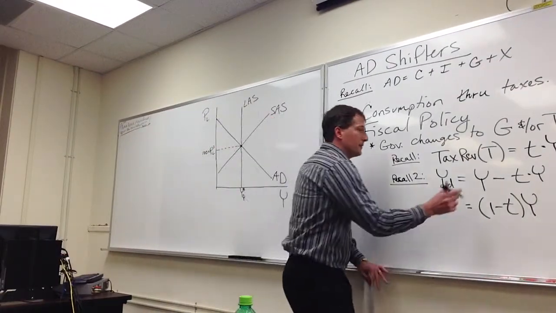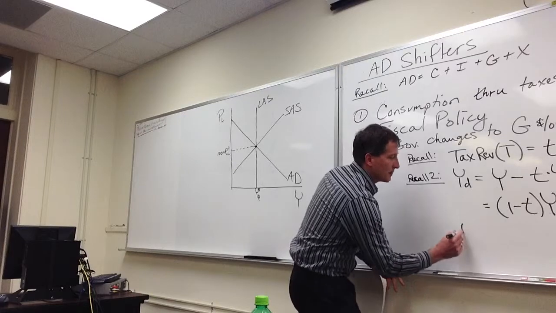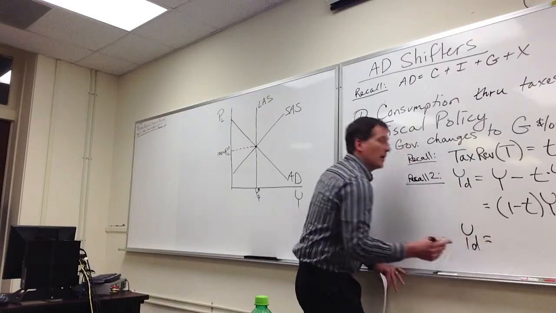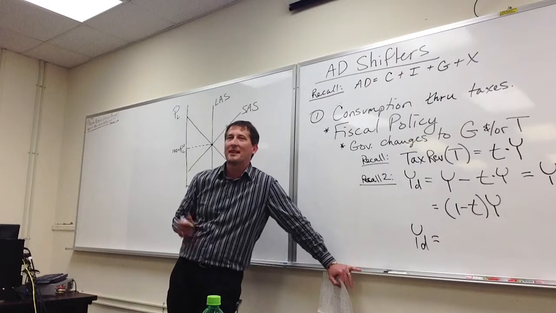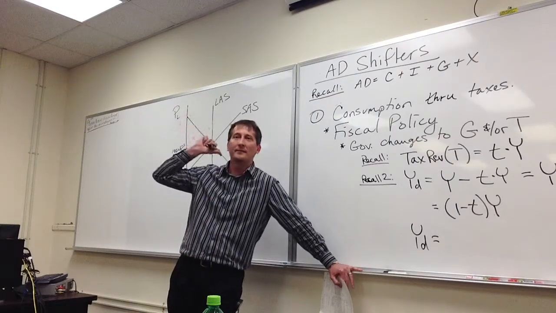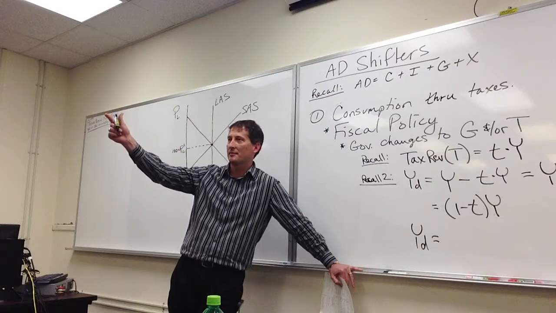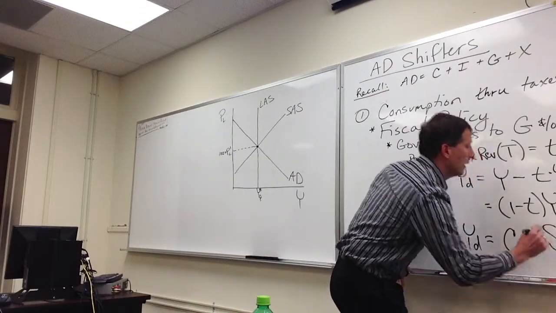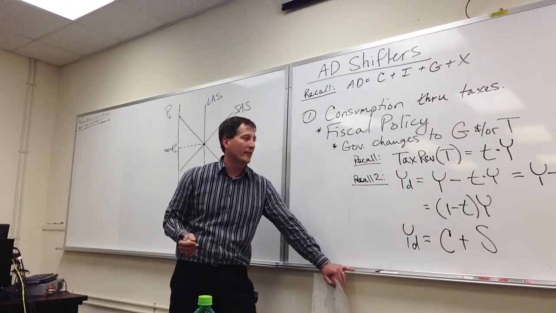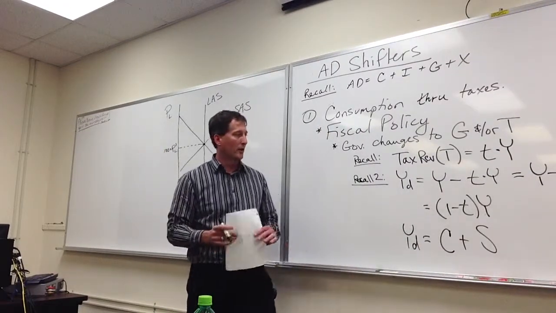All right, well, what did I spend my disposable income on? Consumption or savings. So we're going to separate my disposable income into consumption and savings. We're going to ignore the rest of the world.